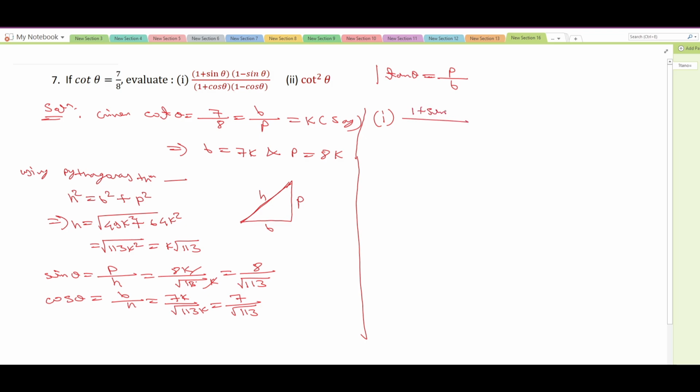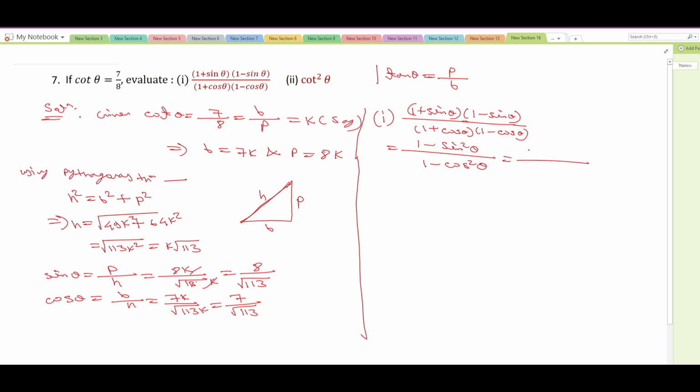Now question number 1. 1 plus sin theta into 1 minus sin theta divided by 1 plus cos theta into 1 minus cos theta. This can be written as 1 minus sin square theta over 1 minus cos square theta.